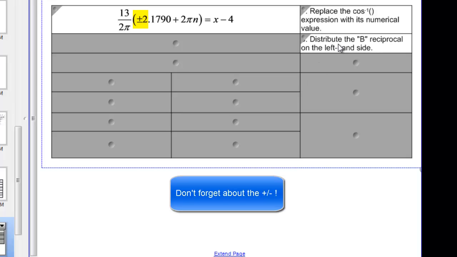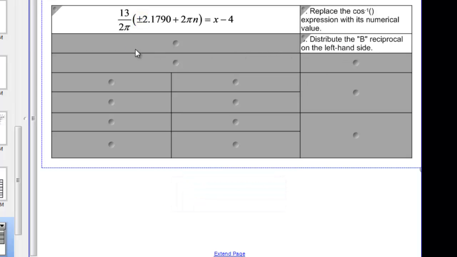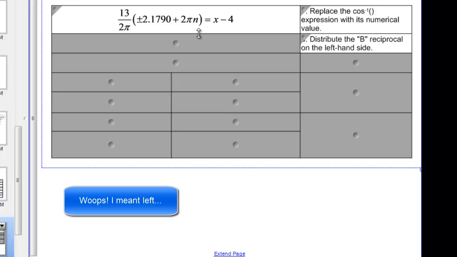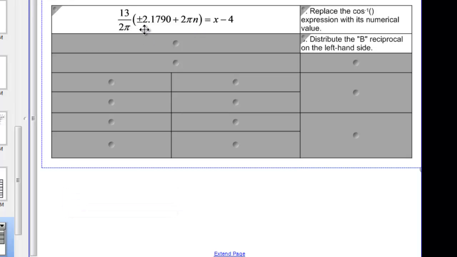The next thing I'm going to do is distribute the 13 over 2 pi across my expression here on the right. So 13 times 2.1790 gives me 4.5085 after I've divided by 2 pi. 13 over 2 pi times 2 pi is 13.